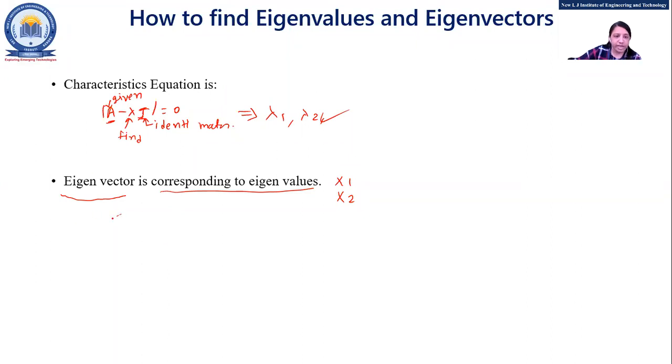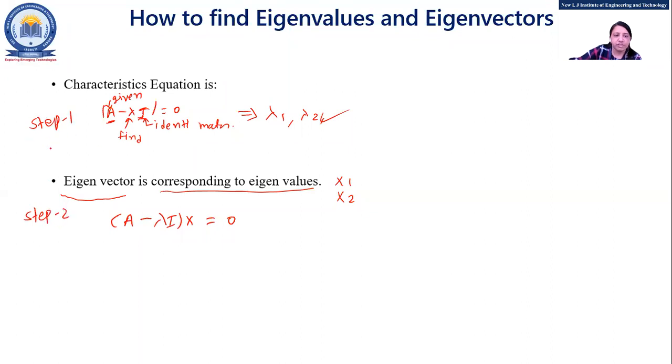One equation you need to follow is A minus lambda I into x equal to 0. So this is step 1 and this is step 2 to find eigenvalue and eigenvector.